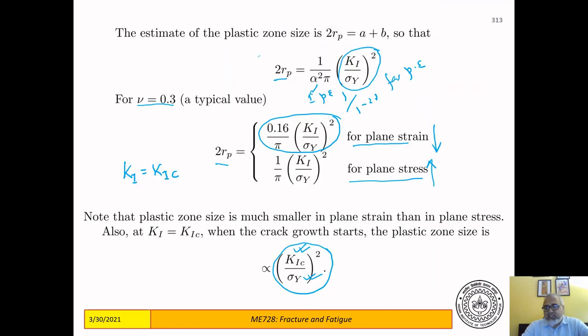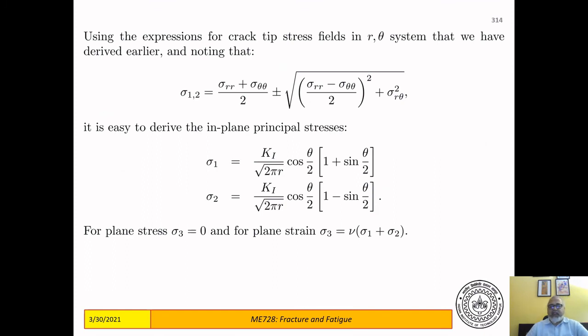So these are all the stresses that you have, and you have sigma RR, which is K1 by square root R and then an angular function, similar here, and this is your Mohr circle expression that will give you sigma 1, 2. The plus will give you sigma 1, the minus will give you sigma 2. Sigma 3 is going to be 0 for plane stress, and sigma 3 is going to be nu times sigma RR plus sigma theta theta for plane strain, right?